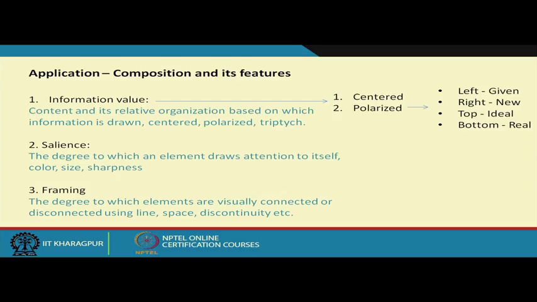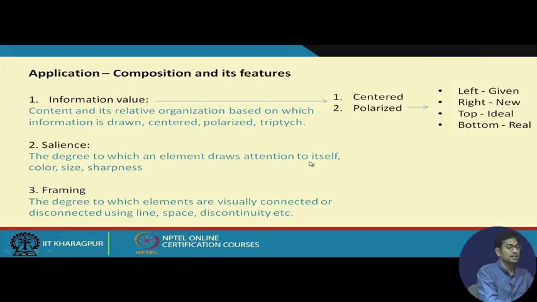Now, let us come to the second aspect of application when it comes to composition. This is called salience, and that is the degree to which an element draws attention to itself, owing to its color, size, sharpness, and things like that. Very important aspect. First is the information content owing to its placement. You get some kind of meaning out of it, you start making meaning, and there are set rules for that, so you always keep this in mind.